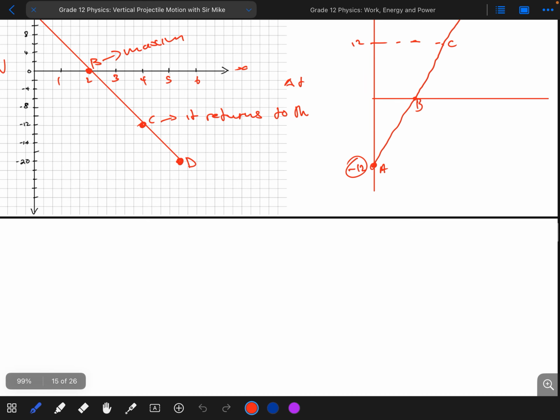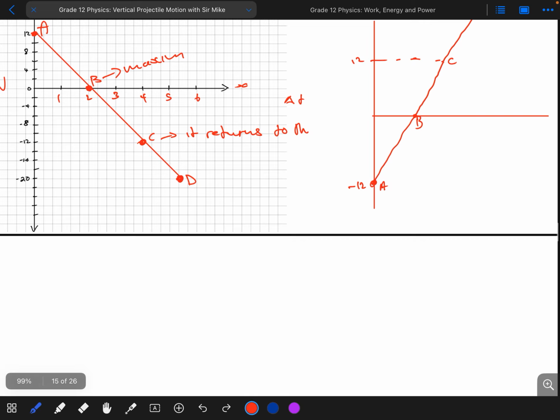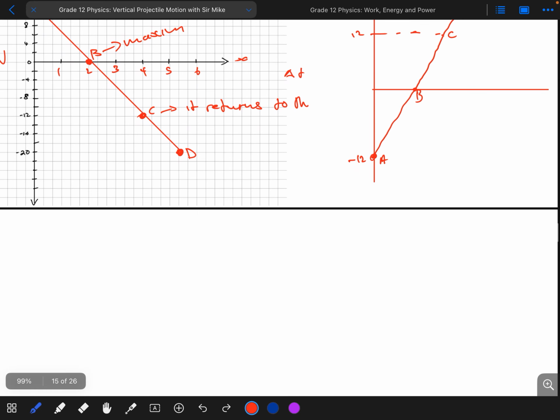Now, when it comes to the velocity versus time graph, there are two important facts that you need to know. The first fact is that the gradient underneath the velocity versus time graph represents the acceleration of the object, which in this topic we said is the acceleration due to gravity.